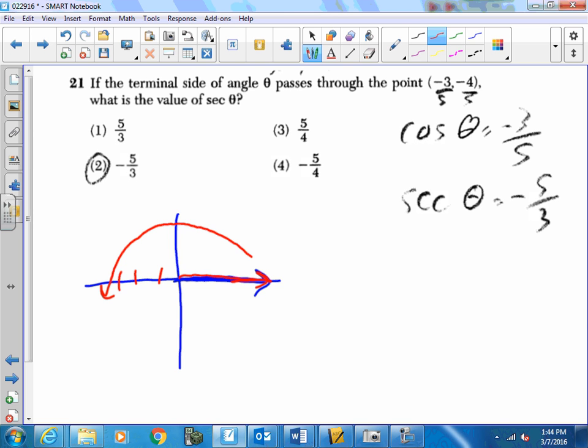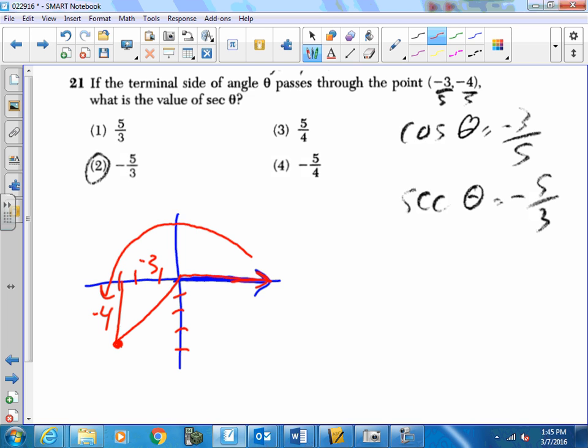Well, -3, -4 would be about right here. You don't need to be exact for this exercise, but you can still draw your triangle. It's not dealing with a unit circle, but you can still use the concept of right triangles. Now we know that this is -3 up here, and this is -4, which really indicates direction, not distance, because you can't have a negative length, but you can have a negative direction in terms of which way you're going.